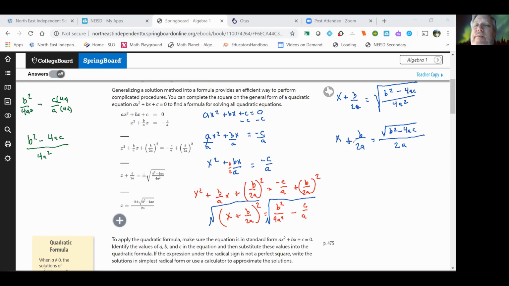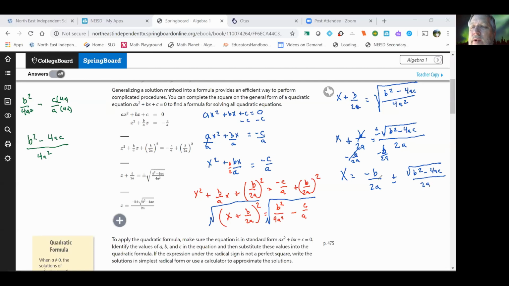So now I'm going to get x by itself, so I'm going to get rid of the plus b over 2a. I'm going to subtract it on both sides. So let me just rewrite that. So x is equal to minus b over 2a plus, I should say, it's actually plus or minus, the square root of b squared minus 4ac over 2a.